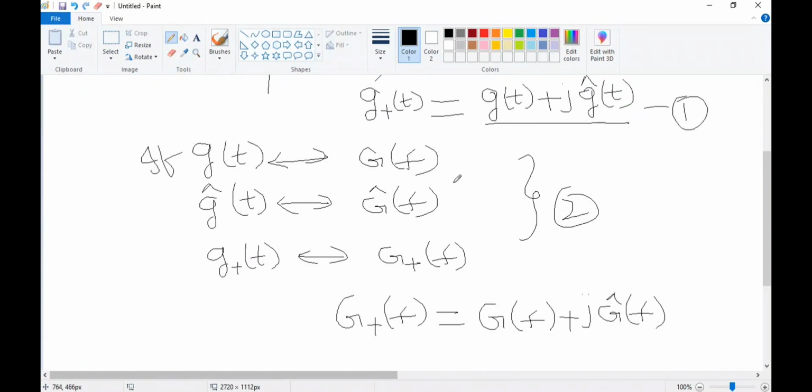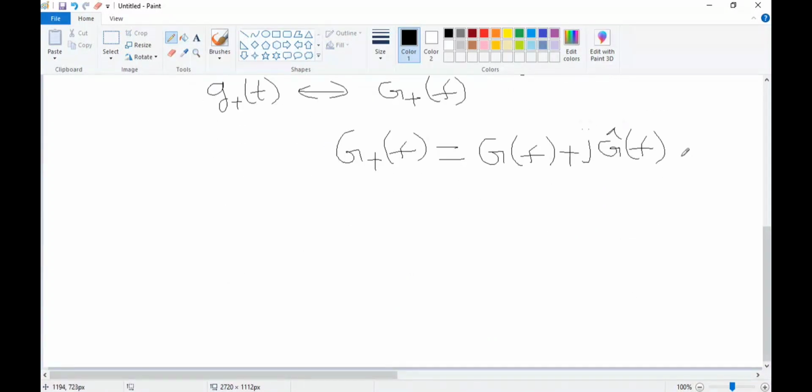Let g of t be G of f, g cap of t be nothing but G cap of f, and g plus of t be nothing but G plus of f. Then apply this 2 to 1, so that g plus of t has Fourier transform G plus of f, which is equal to G of f plus j G cap of f. I'll consider this as equation 3.